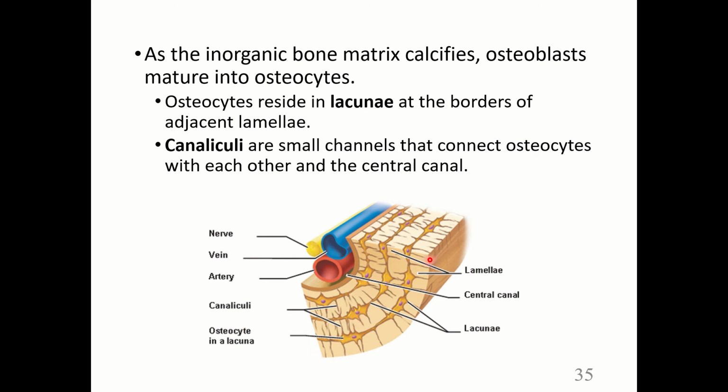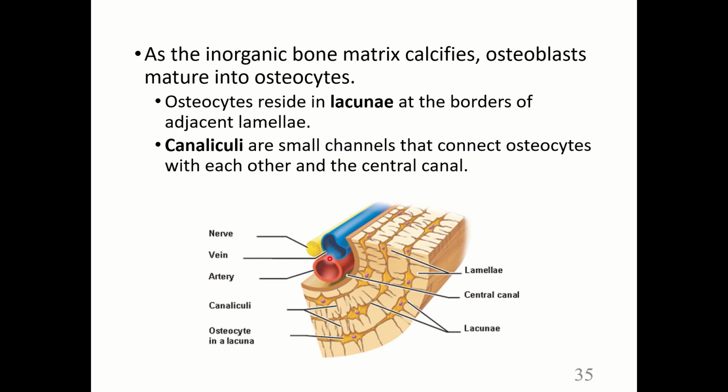So here we see a lamella, and then all of the lacunae containing the osteocytes. Here's another lamella, and then the lacuna containing osteocytes. Lamella, lacuna, lamella. And then finally we reach the central canal with the arteries and nerves.